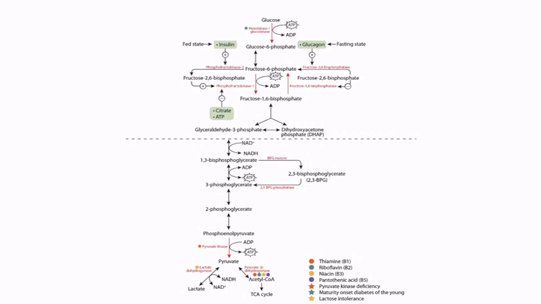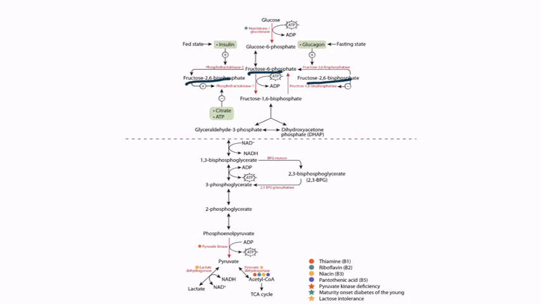Okay, let's focus on this part of the pathway. Notice that fructose 6-phosphate can be converted into fructose 2,6-bisphosphate, which is shown on both sides. The left side of the image shows how fructose 2,6-bisphosphate is regulated during glycolysis, and the right side of the image shows how it's regulated during gluconeogenesis. Let's focus on the left side first.